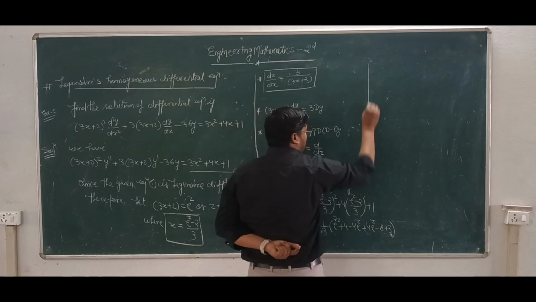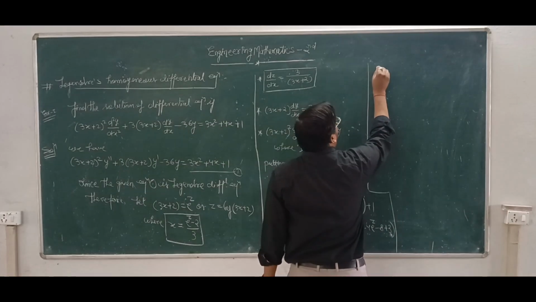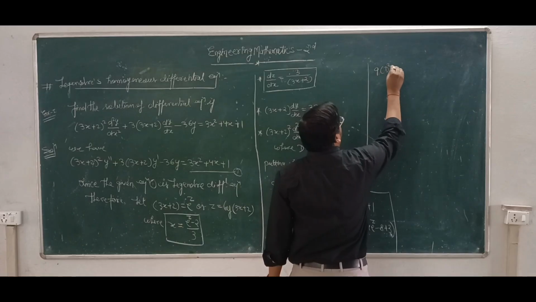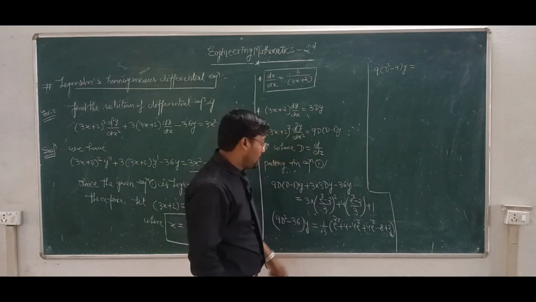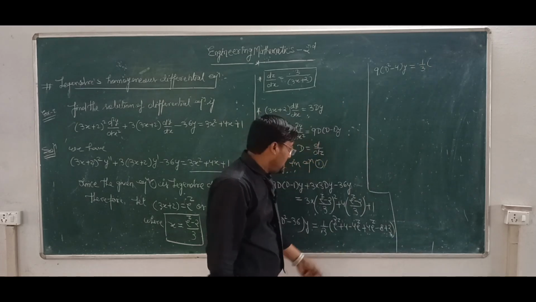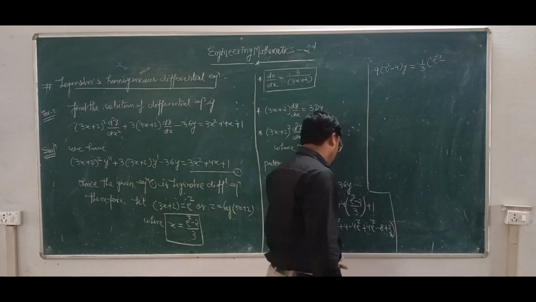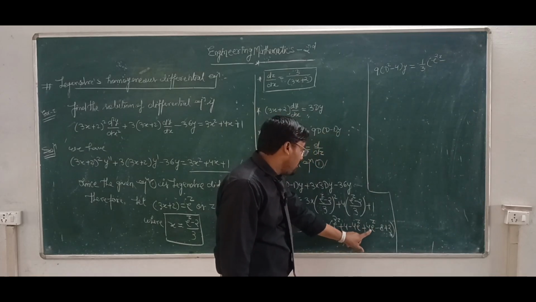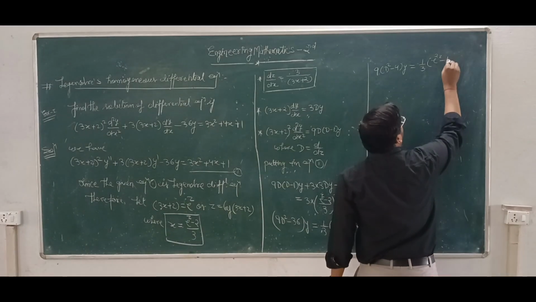You can solve this equation. You can write (9D² − 36)y = 1/3 (e^(2z) − 1).